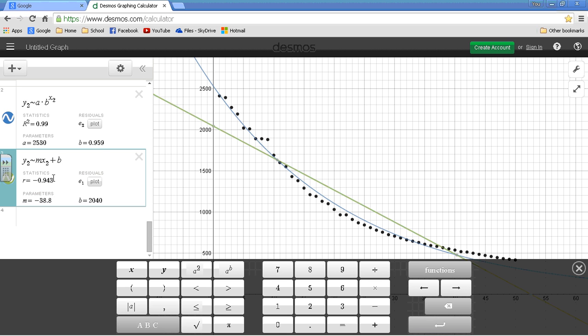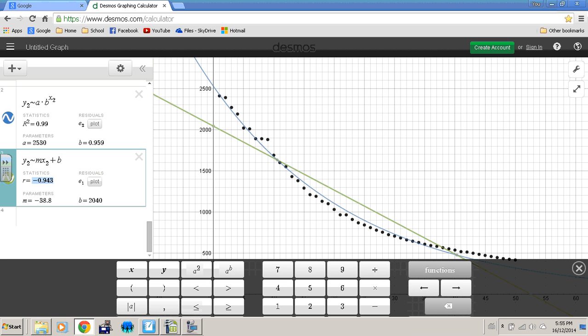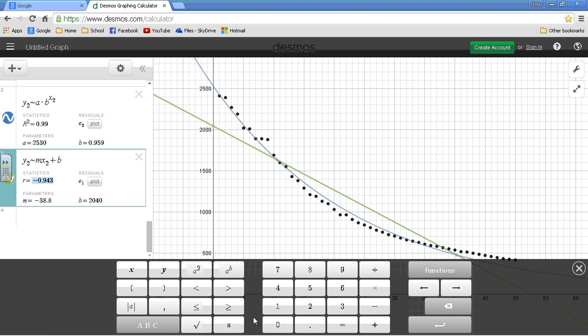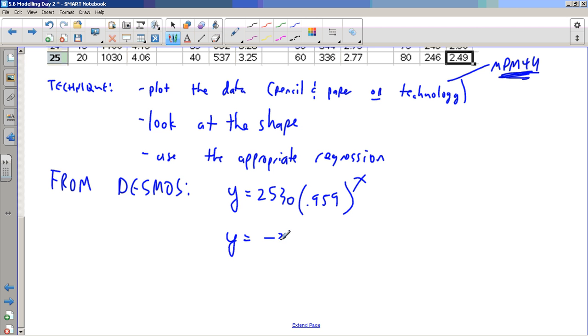And this tells us, and we can tell from the picture, that the green graph doesn't fit as good as the blue graph. But how close this thing is to 1 is a good indication of how good the data fits. So I'm going to write that in there. Negative 38.8x plus 2040 is my linear model, but not as good.